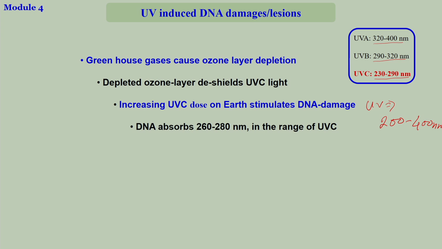So, if you see, out of all these categories, UVC radiation falls in the range of 230 to 290 nanometer. Now, if you remember the biomolecules, the question is, is it going to affect the biomolecules? Is it going to affect our health? If you see the DNA or the protein, we have mentioned that DNA mostly absorbs UV radiation at around 260 nanometer.